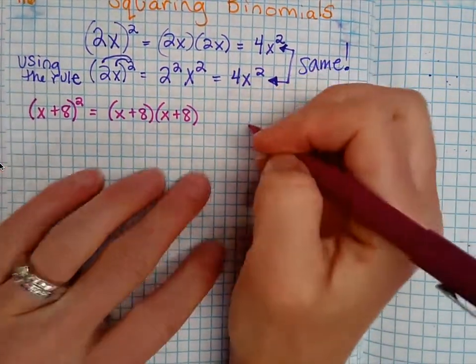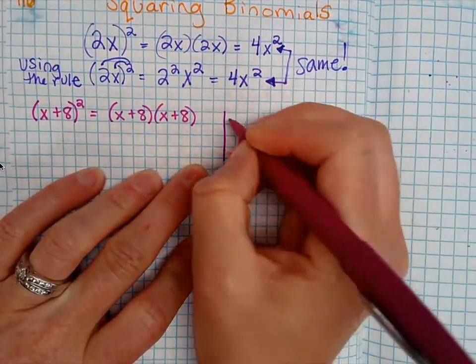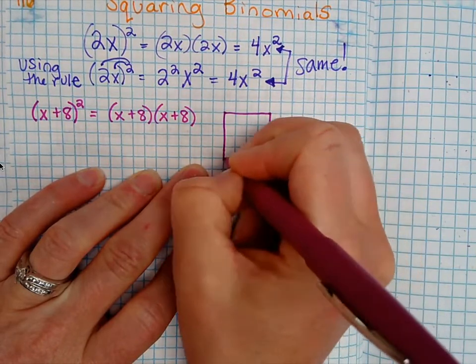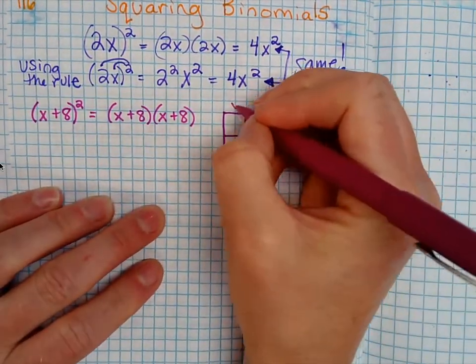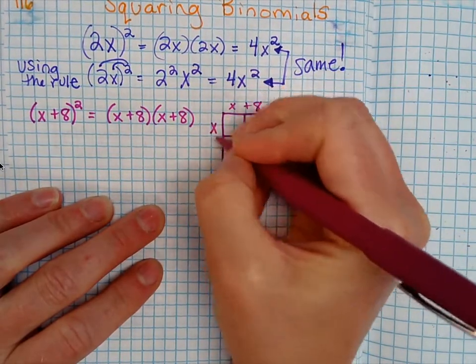So when we do this, we can do our box. I have x plus 8 and then x plus 8.